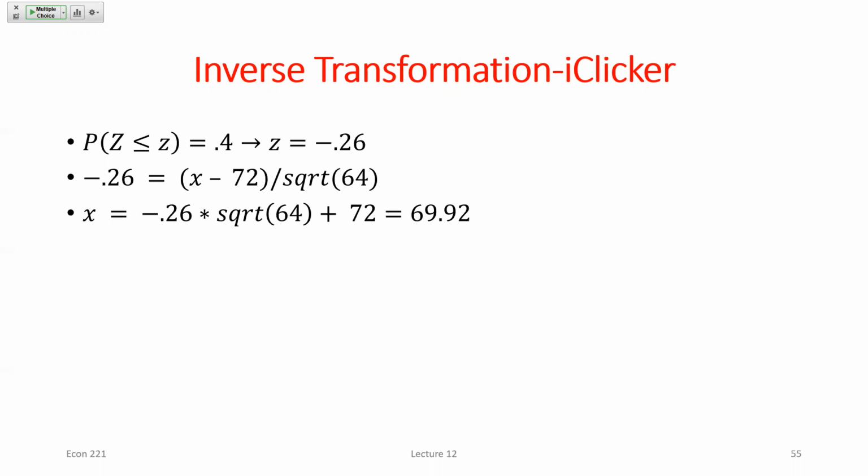Now, one thing I can do is check for a really easy mistake, which is maybe I accidentally add this up, forgetting there's a negative sign here. I would have gotten 74.08, I think. But then I quickly remember from my visual that I'm obviously looking for something below the mean. 74 doesn't make any sense, so I go back and see I forgot the negative sign of my z-score.